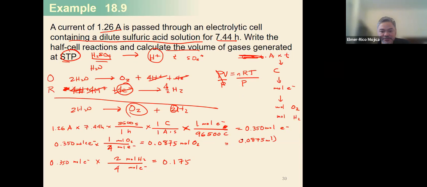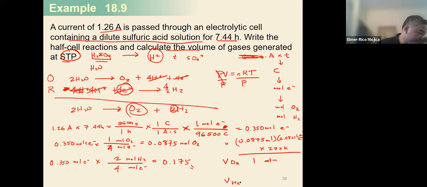So I have that, and then I have the 0.0821 liter atmosphere per K mole, and then I multiply it with the standard temperature, which is around 273 K, and then divide it with the standard pressure, which is 1 atmosphere. So you do the same thing there. So what is the volume of the oxygen and the volume of the hydrogen?